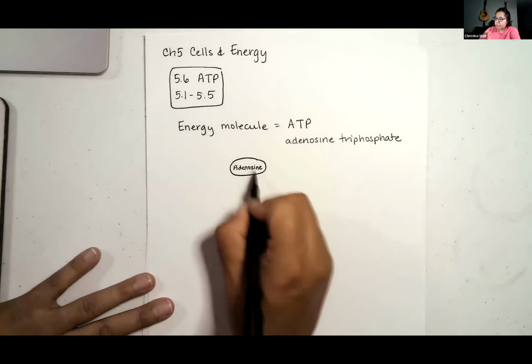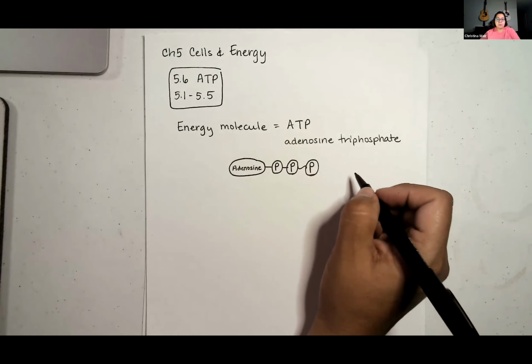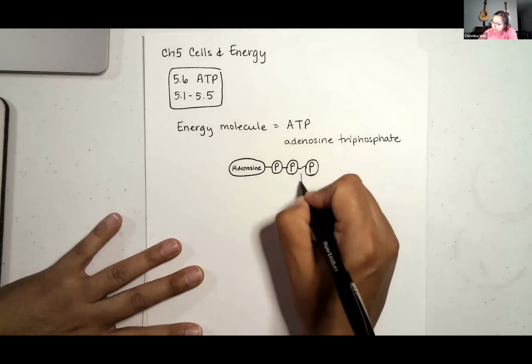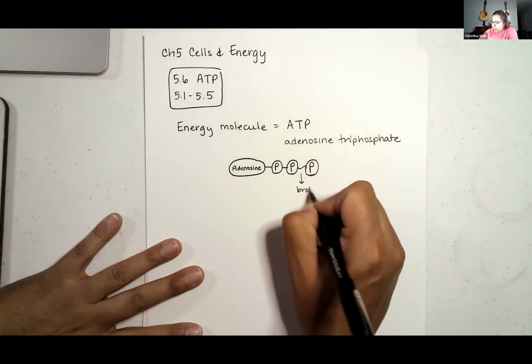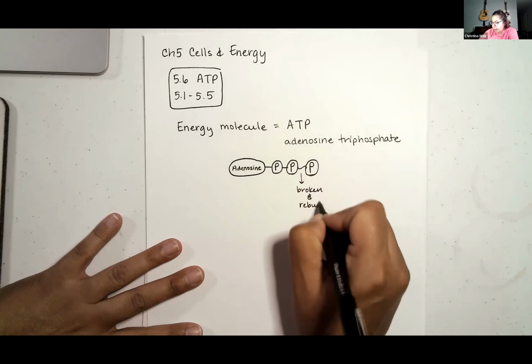So you've got this big adenosine molecule, and then you've got 3 phosphates in a row attached to it. These lines right here represent chemical bonds. So here's a chemical bond here, a bond there. There's a third bond, but that third bond is usually drawn as a little squiggly line. That's because this bond is often broken and then it's often rebuilt.